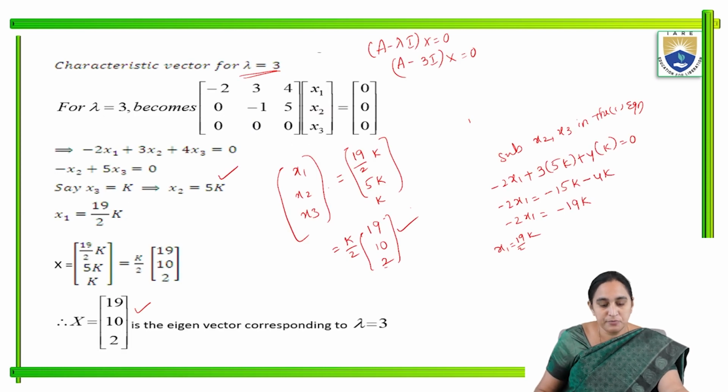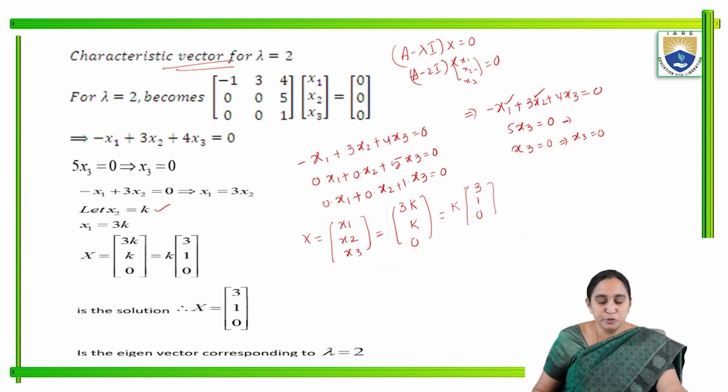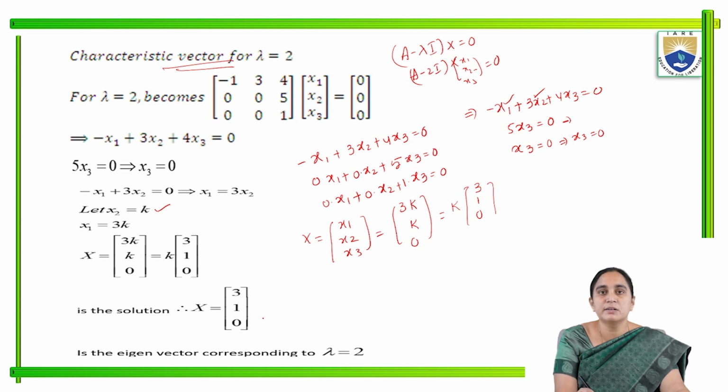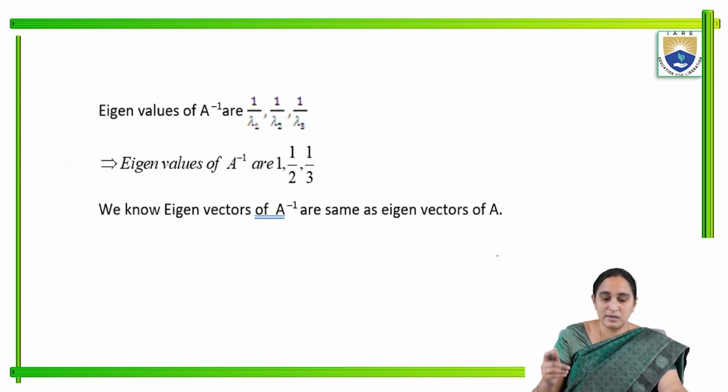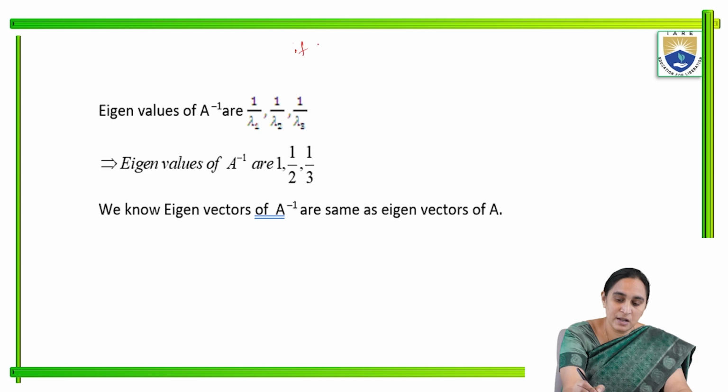And if lambda is equal to 2, the eigenvector is 3, 1, 0. If lambda is equal to 1, the eigenvector is 1, 0, 0. I'll write it here: if lambda is equal to 1, the corresponding eigenvector x1 is 1, 0, 0.